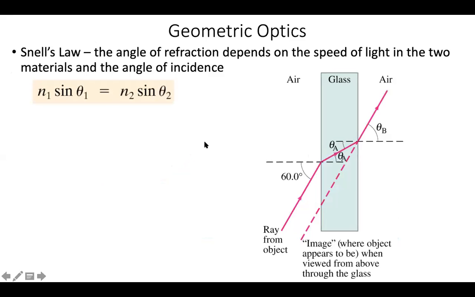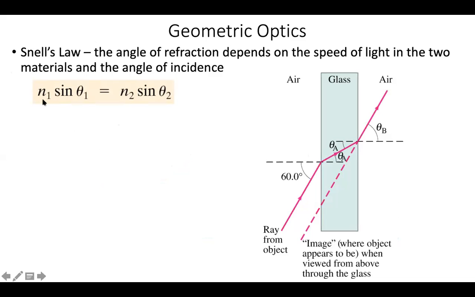Okay, here's Snell's law. This formula is on your worksheet or on your formula sheet, right? It mathematically explains everything we just did. The angle of refraction depends on the speed of light of the two materials and the angle of incidence.